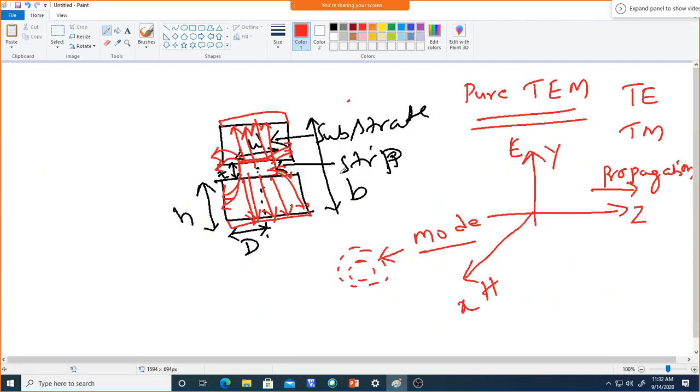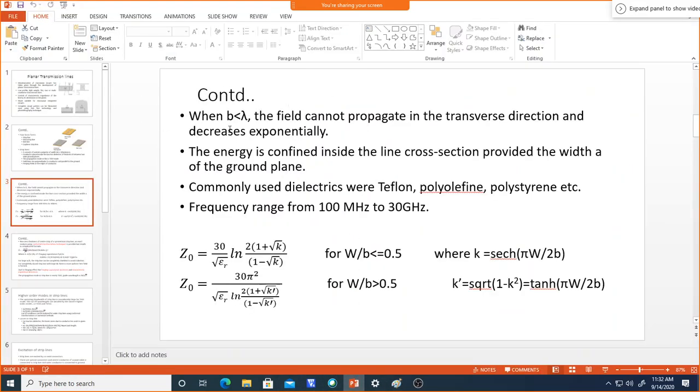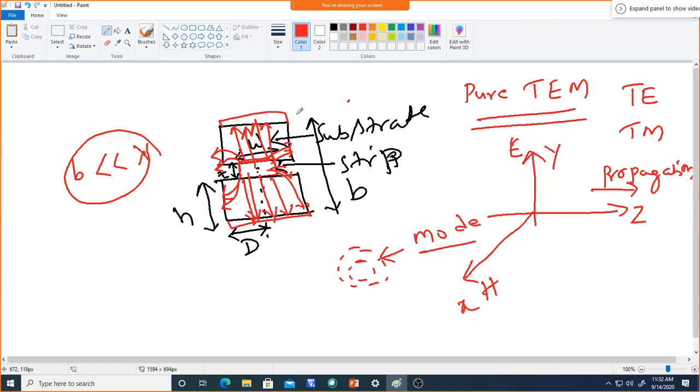It is the thickness between the conductor and the ground plane that I showed. If B is far less than lambda, the field cannot propagate in the transverse direction, so when it approaches this wavelength the field propagation dies off.